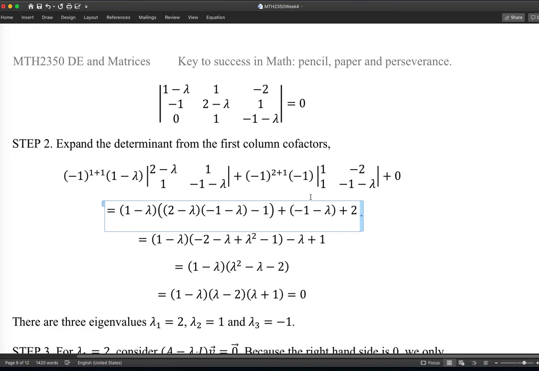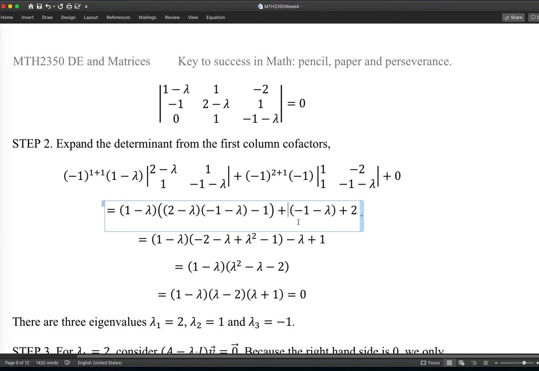For this 2 by 2, this one is rather easier. It should be -1 minus lambda, and then minus -2, that's plus 2. So I believe this should be -1 minus lambda, and I have plus 2 in the end.